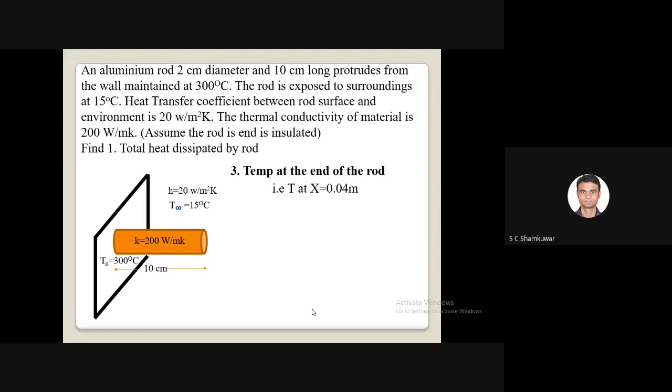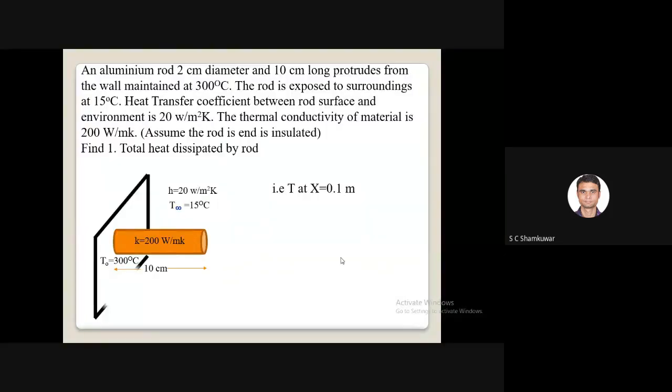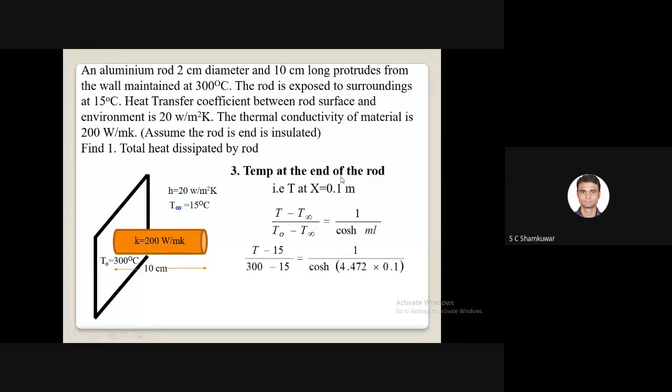Then what is asked? Temperature at the end of the rod. Okay. Temperature at the end of the rod means at the tip.